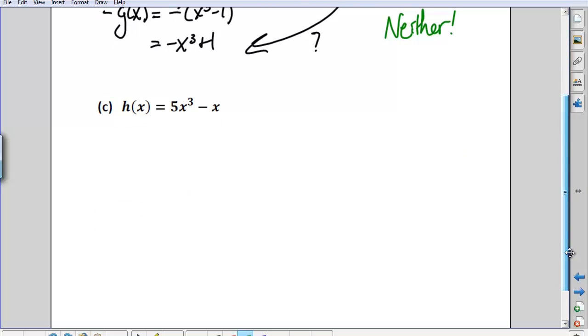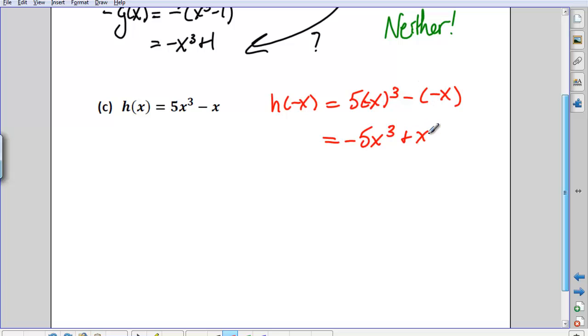Okay, last one. First, let's look at h of negative x. So 5 negative x cubed, whoops, minus negative x. Okay, cube a negative x, that result's going to be negative, and then minus a negative makes a plus x. Comparing these, remember this is h of negative x.